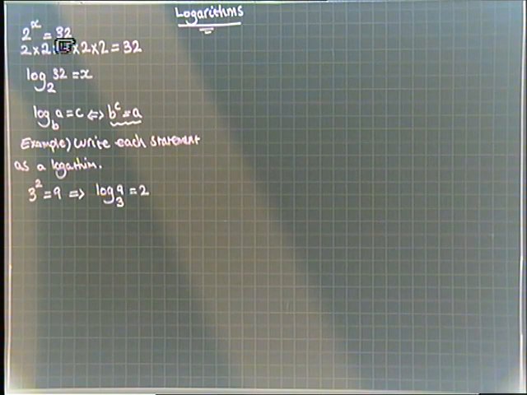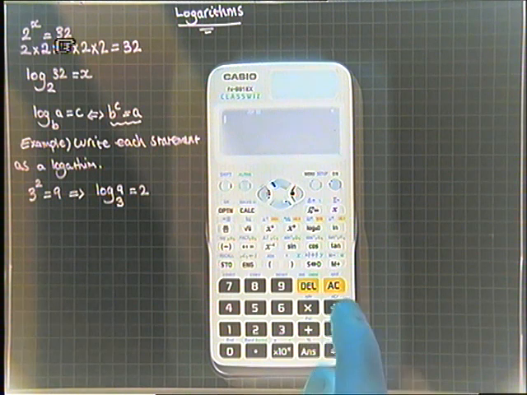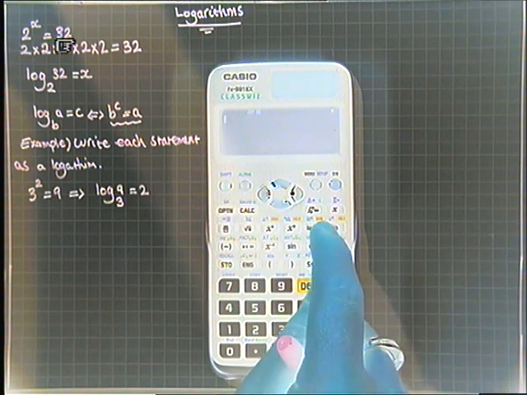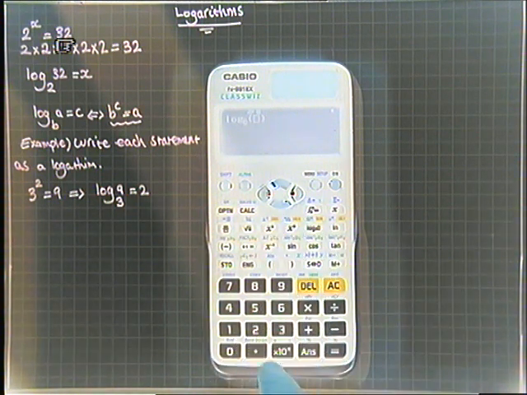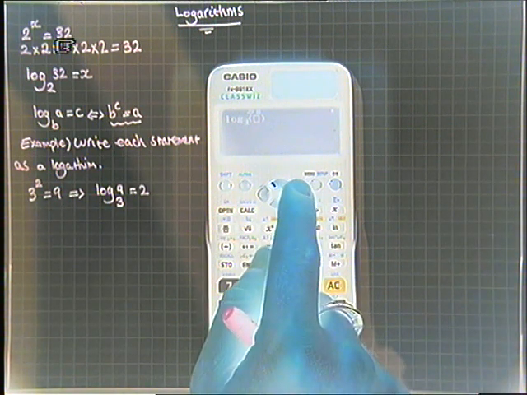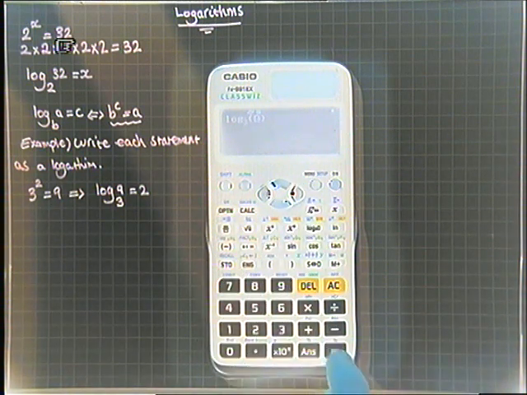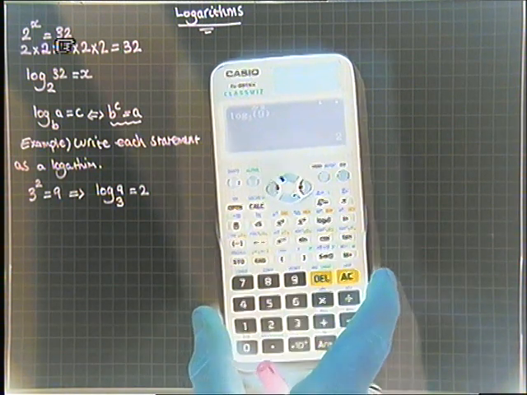However, for this example, let's use the calculator again to make sure we are on the right process. Log to the base 3 of 9, which is equal to 2.